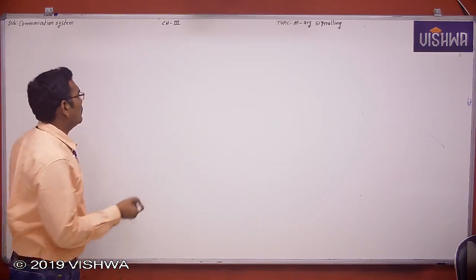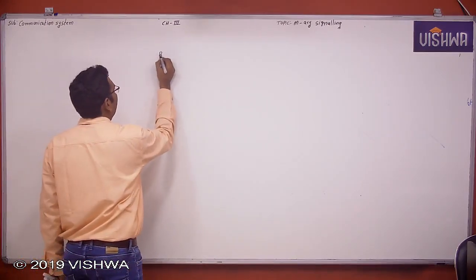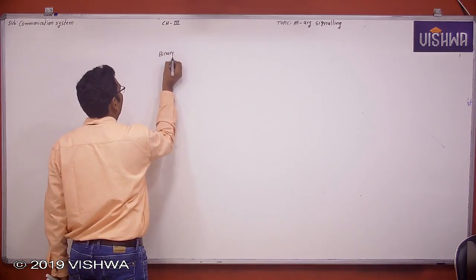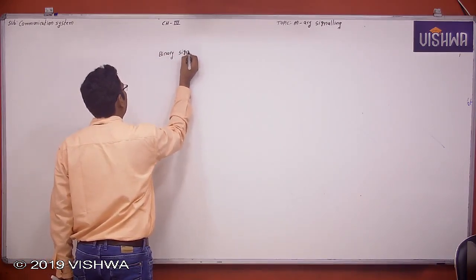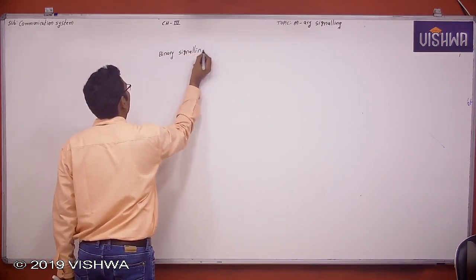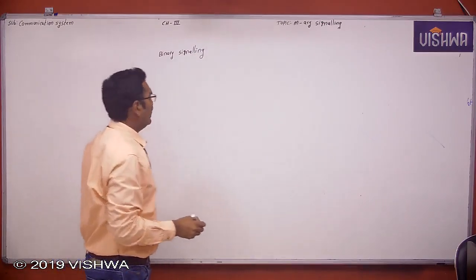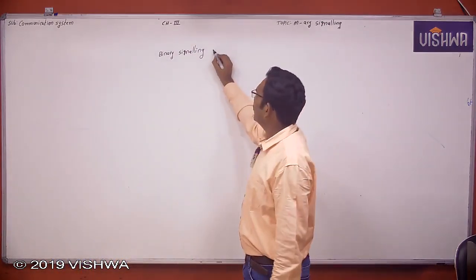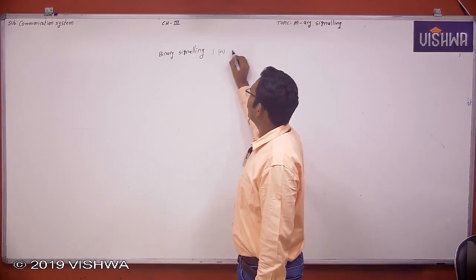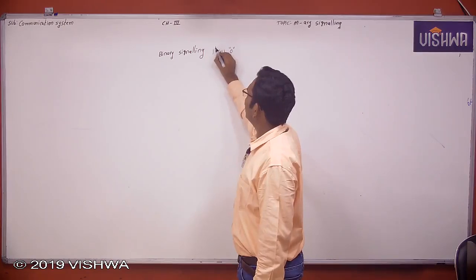Okay. Now see students, earlier we just completed binary signaling. Binary means either bit 1 or bit 0, only binary 1 and binary 0.